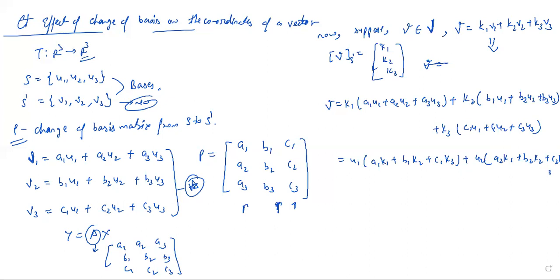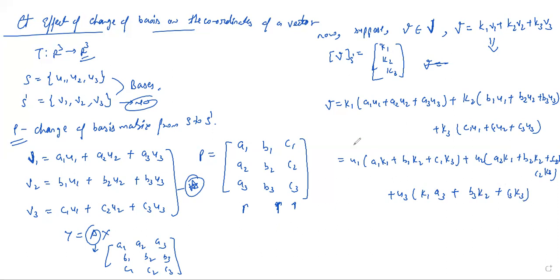And taking the U3 vector common, we get A3 K1 plus B3 K2 plus C3 K3.